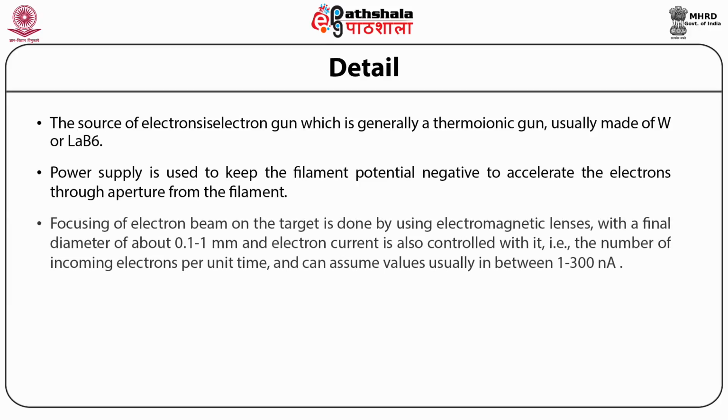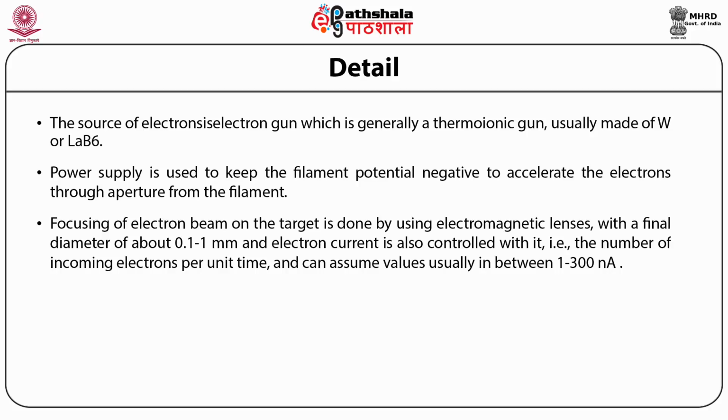Focusing of the electron beam on the target is done by using electromagnetic lenses with a final diameter of about 0.1 to 1 micrometer, and the electron current is also controlled with it.